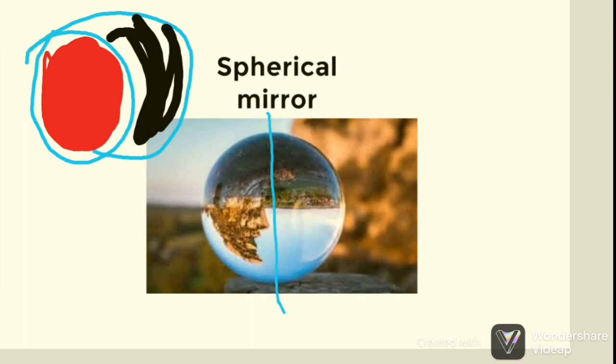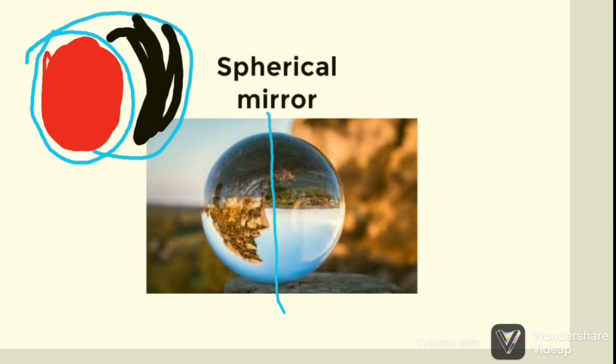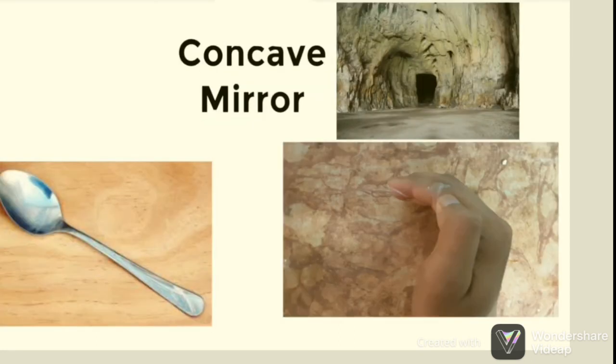Then what does he do? He makes a copy of it and cuts it in a different manner, because he is a curious mirror maker. So he cuts it in this way, in this part. What does it look like? It looks like a cave, with a hollow space over here and a non-hollow space over here. So he called it concave, because it looks like a cave, is it not?